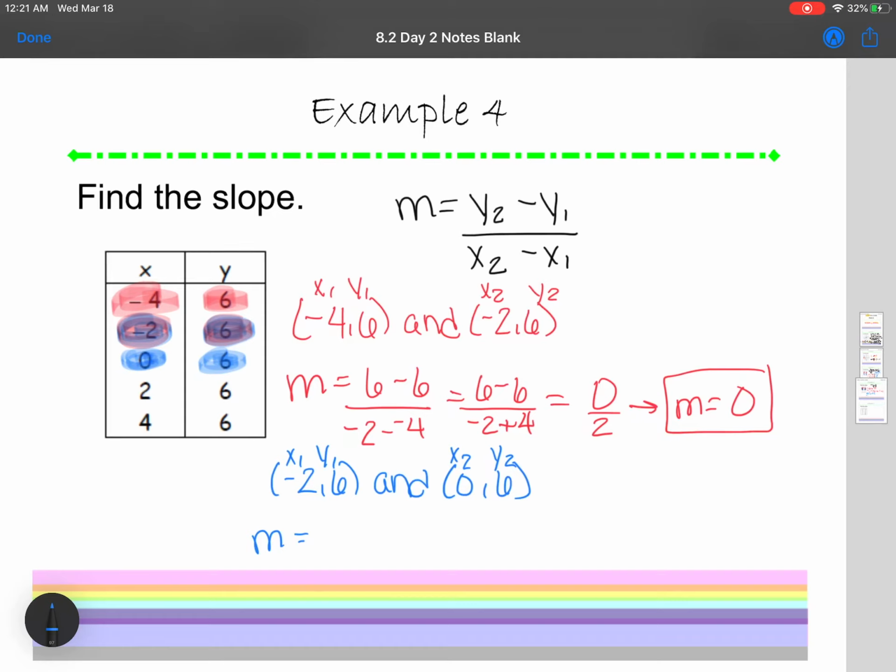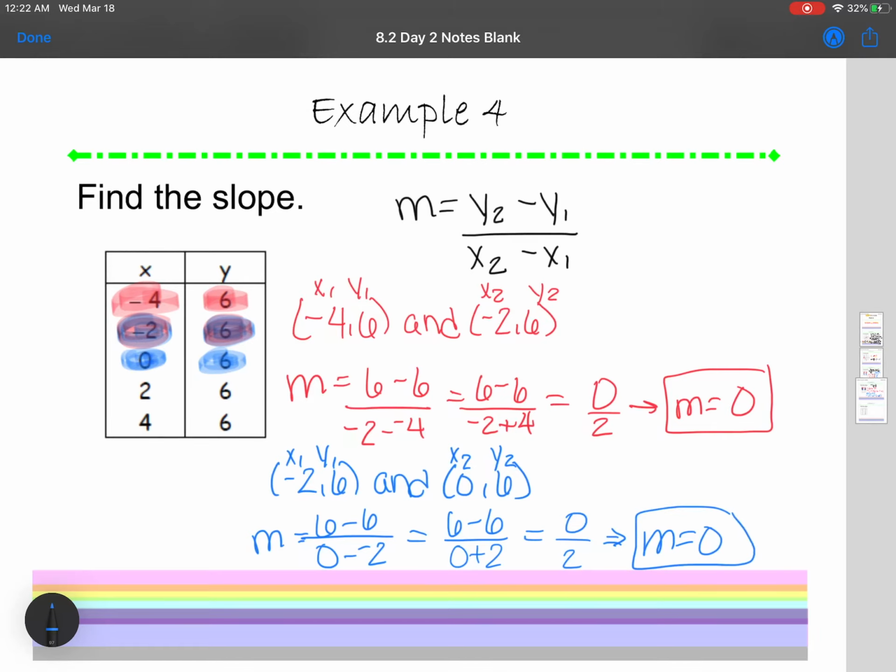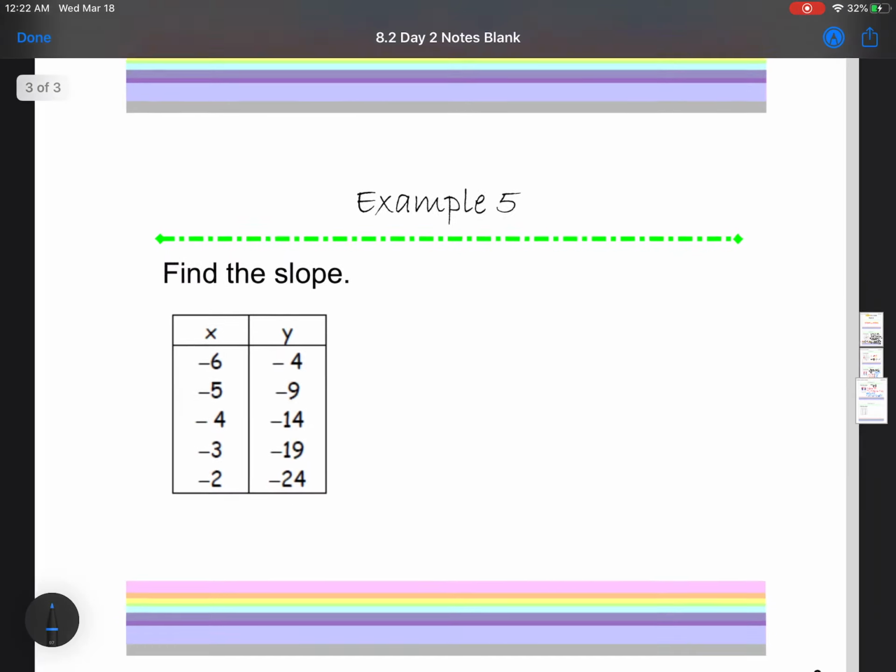M equals 6 minus 6 over 0 minus negative 2, or 6 minus 6 over 0 plus 2, which becomes 0 over 2, or 0. Again, no matter what 2 points I choose, I should get the same slope value. Okay? And very last example of the day.